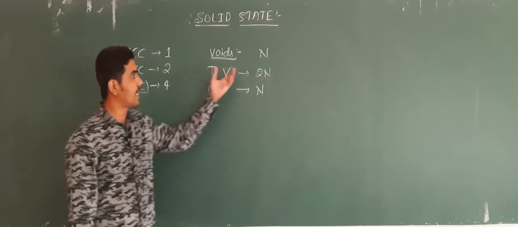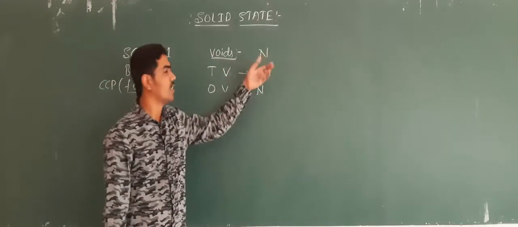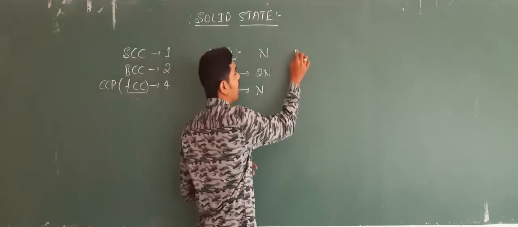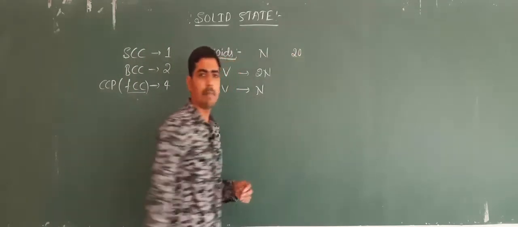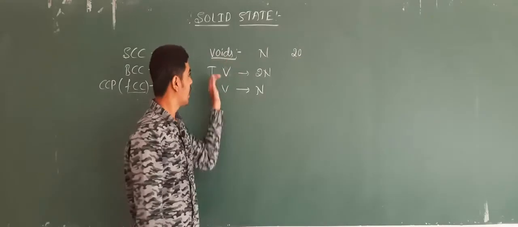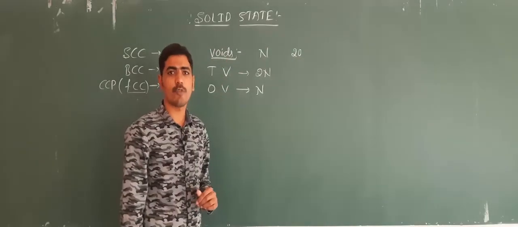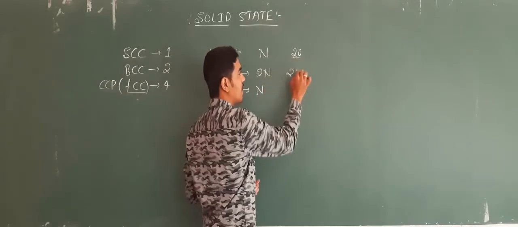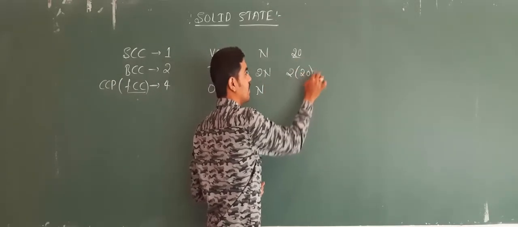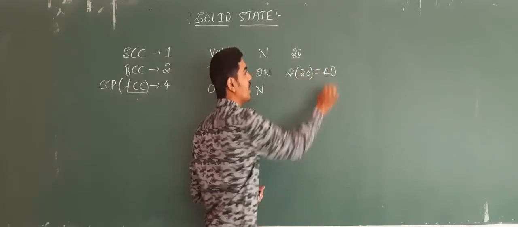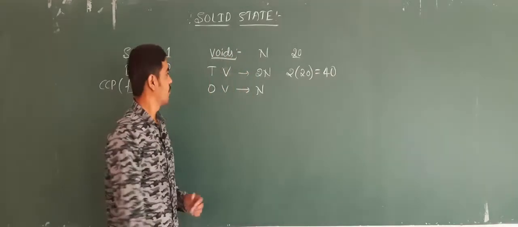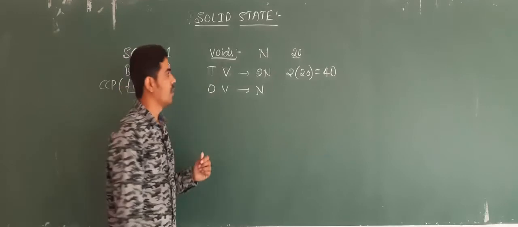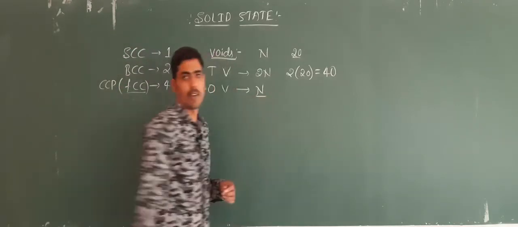In general we have taken the number of particles as n. Suppose the number of particles is 20, how many tetrahedral voids will be formed? 2 into n means 2 into 20, that gives 40 tetrahedral voids. And the number of octahedral voids is equal to n only.